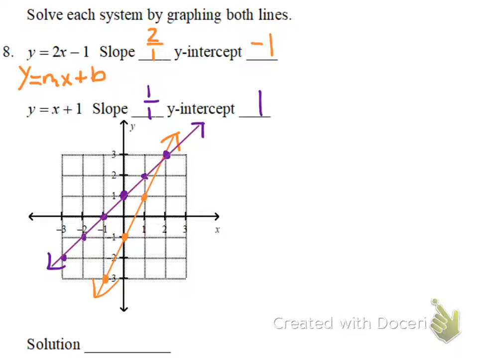The place where they intersect is your solution, so our solution on this one is 2, 3. 2 is the x value of that point, 3 is the y value of that point. X then y.